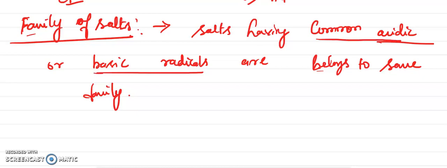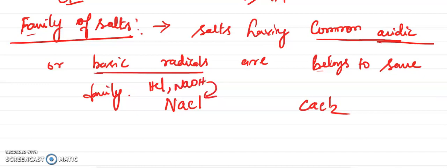So what is a common acidic and basic radical? Let's give an example: I have taken NaCl here, and CaCl2 also. NaCl comes from HCl and NaOH. HCl reacts with NaOH and gives the product NaCl, the salt.